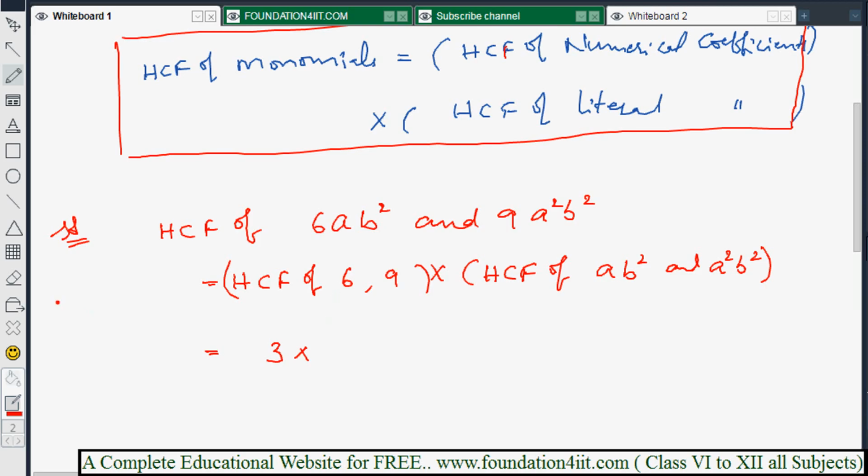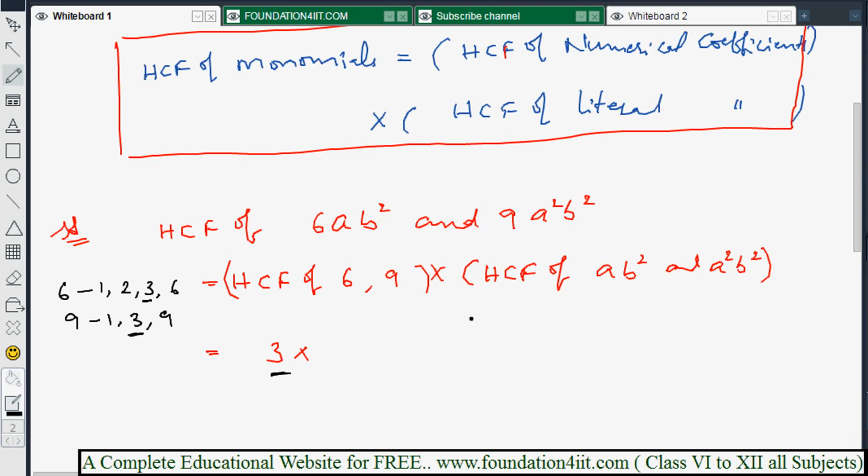I'll give you one hint here. The factors of 6 are 1, 2, 3, 6, and the factors of 9 are 1, 3, 9. So 1 is common, 3 is also common, but the highest is 3. So 3 is the HCF of 6 and 9.